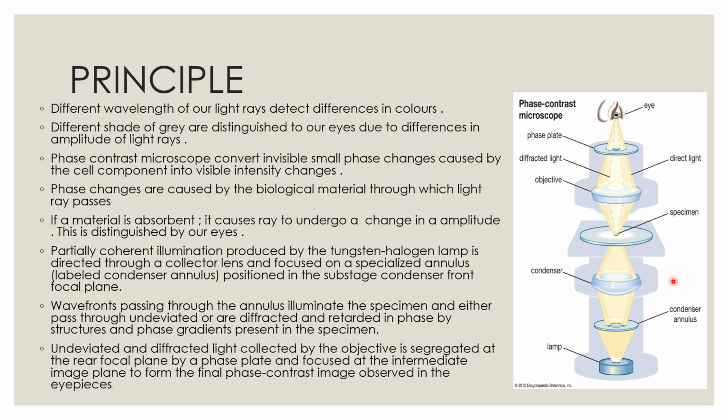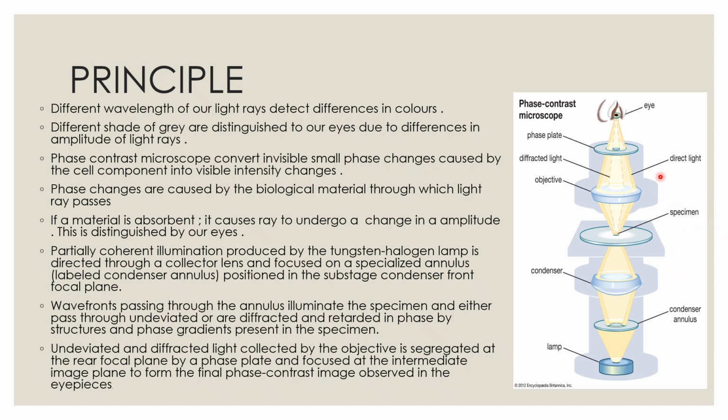Whereas the light passing through the surrounding medium comes out very easily, it comes out fast. As a result, undeviated light will pass faster when compared to the diffracted light. This actually creates a phase shift.